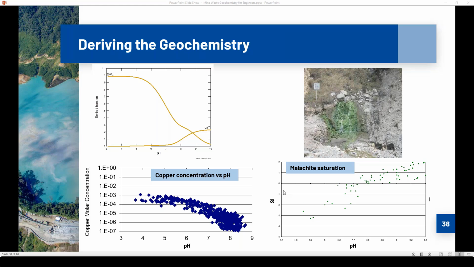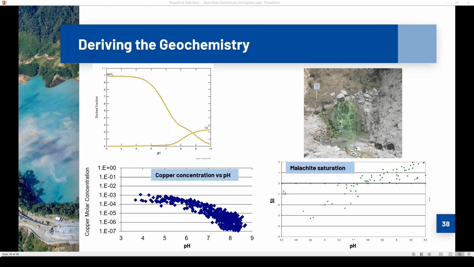So in terms of understanding the geochemistry, we've used both the observations as well as several prediction tools. What I'm showing there is just some examples of understanding adsorption using Geochemist's Workbench, and then also understanding the controls on copper solubility as a function of pH.